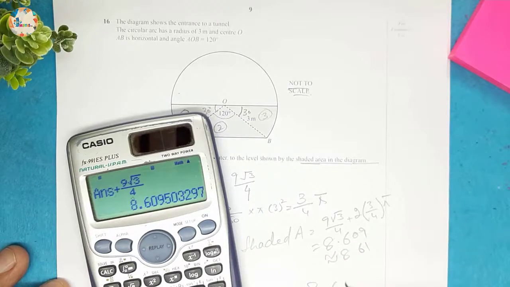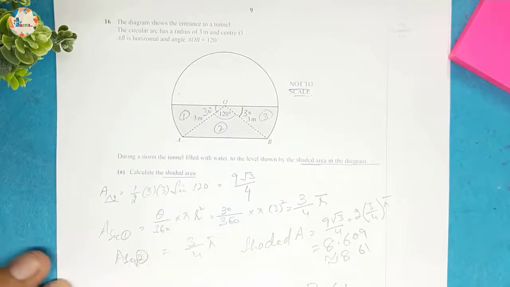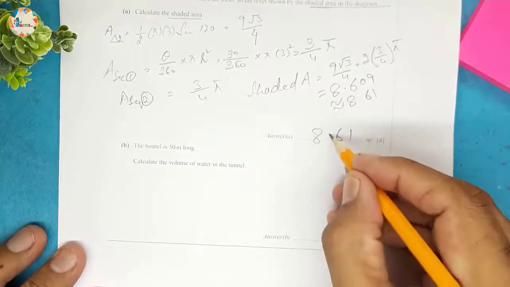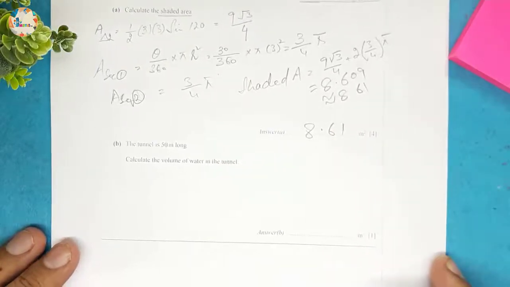So 8.61 meter squared will be our final answer for this question.